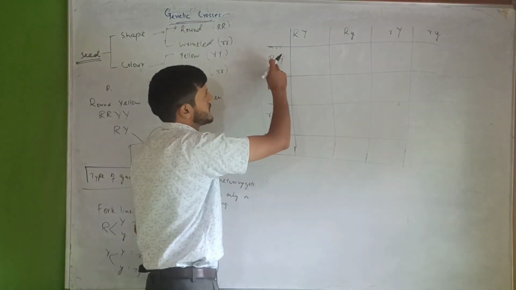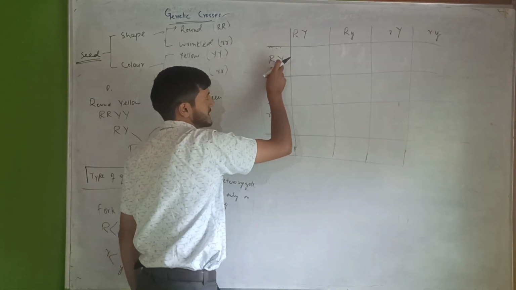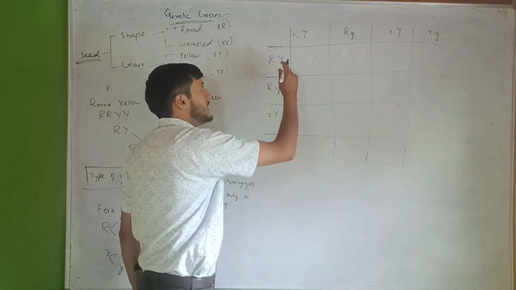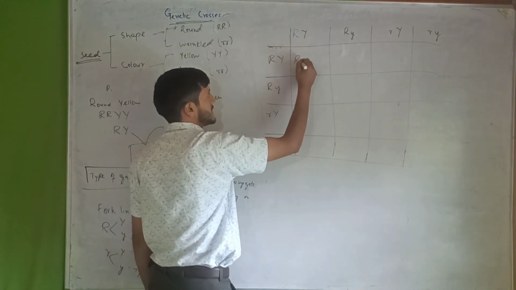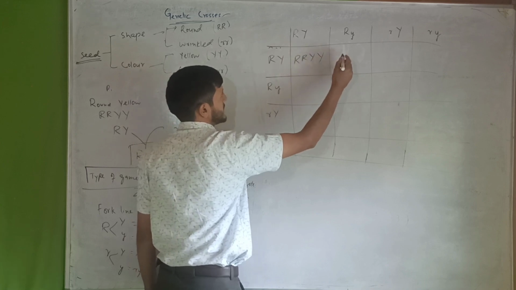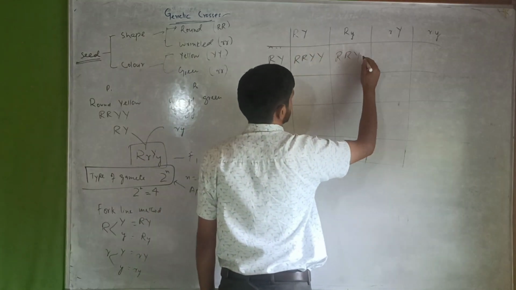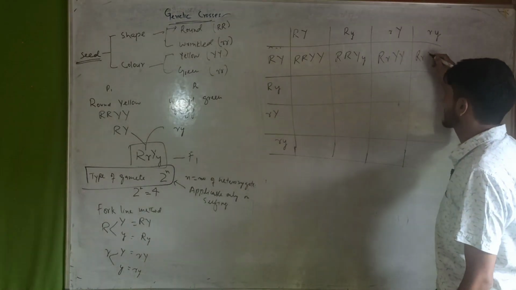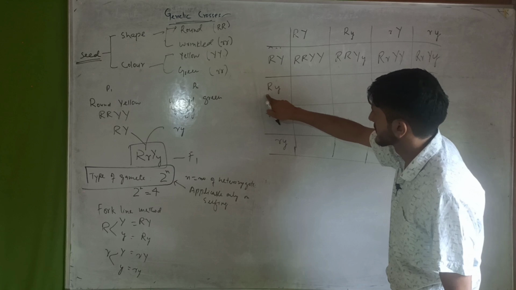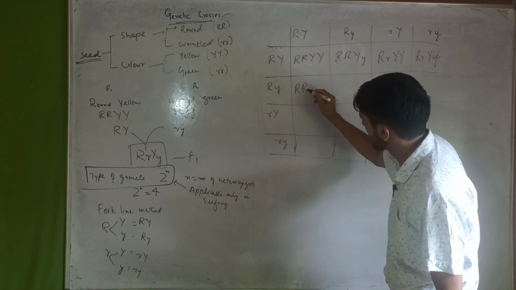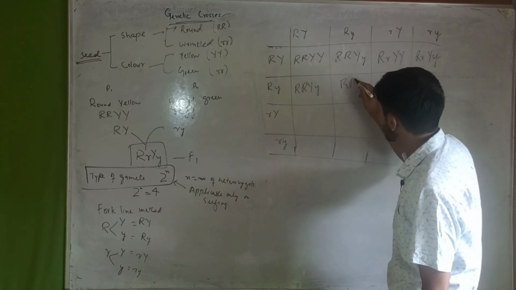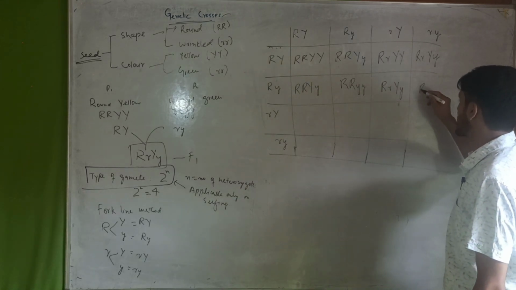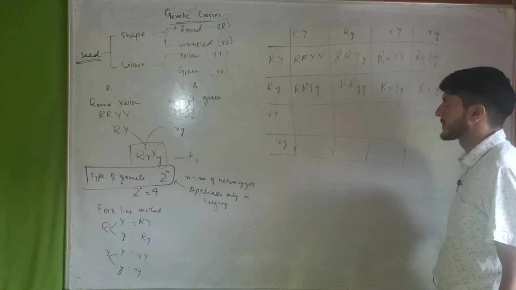Now we will cross this gamete with this, then this with this, accordingly. First capital R, capital R, capital Y, capital Y; capital R, capital R, capital Y, small y; capital R, small r, capital Y, capital Y; capital R, small r, capital Y, small y. Then capital R, capital R, capital Y, small y; capital R, capital R, small y, small y; capital R, small r, capital Y, small y; capital R, small r, small y, small y.